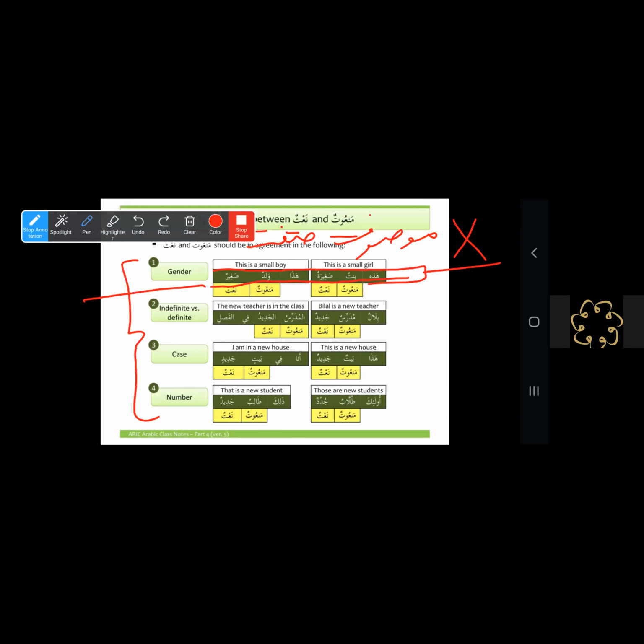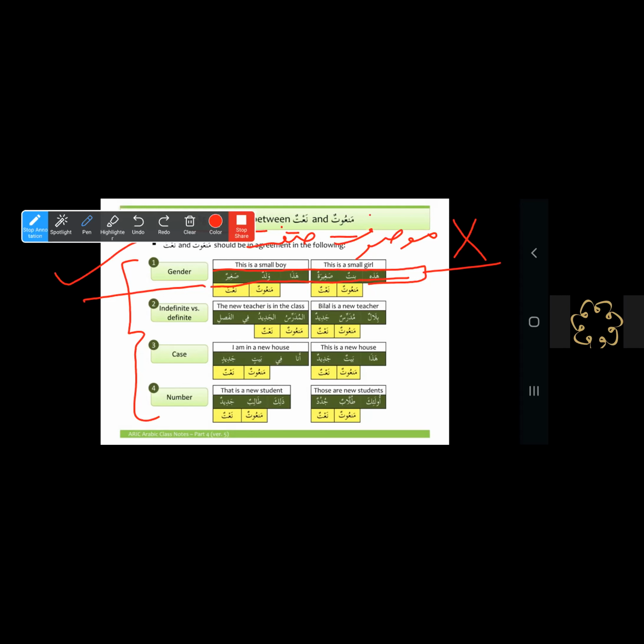I'm talking about a nurse, that she is very proficient. هذه ممرضة ماهرة. هذه طبيبة ماهرة. Now I want to talk about a male doctor. I'm going to say هذا طبيب ماهر. هذا طبيب ماهر وهذه طبيبة ماهرة. تمام? So it's really a natural thing. Gender, you need to focus.